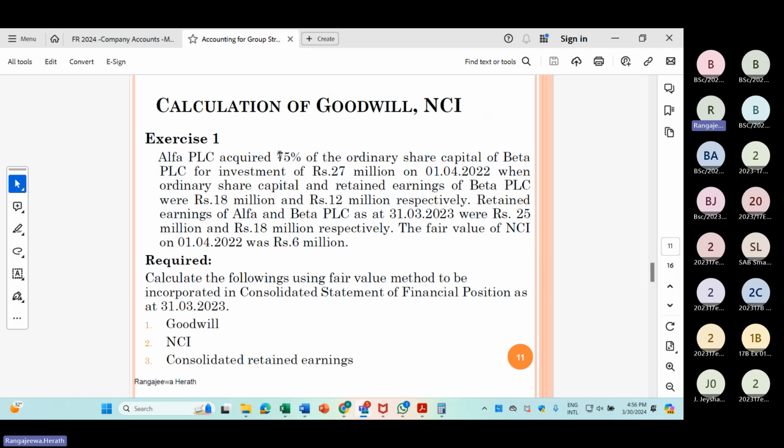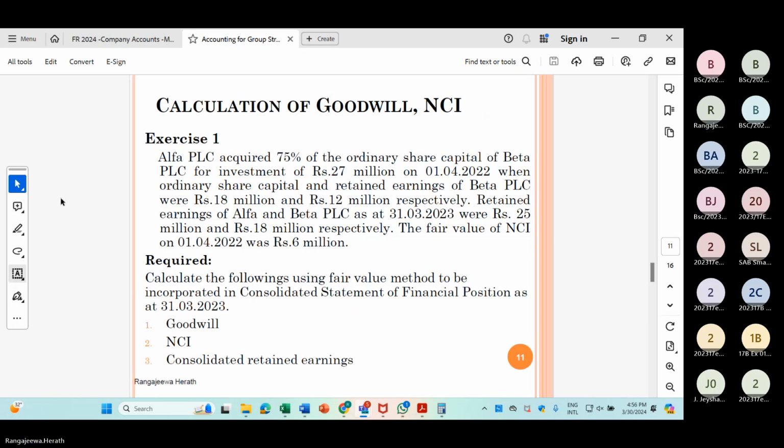So Alpha acquired 75% of ordinary shares of Beta, investment 27 million. When the ordinary share capital and the retained earning were 18 million and 12 million, retained earning of Alpha 25 million, and Beta 18 million. Fair value of non-controlling interest 6 million.